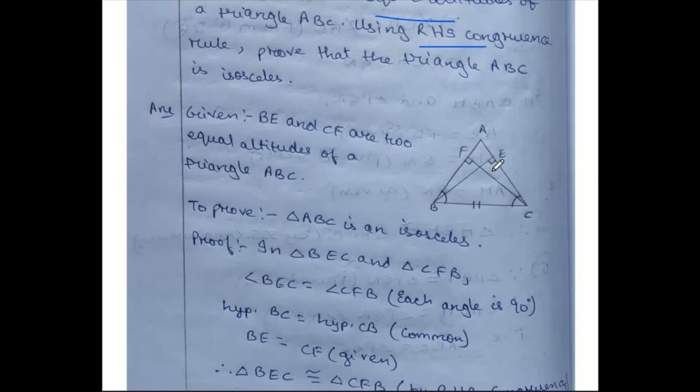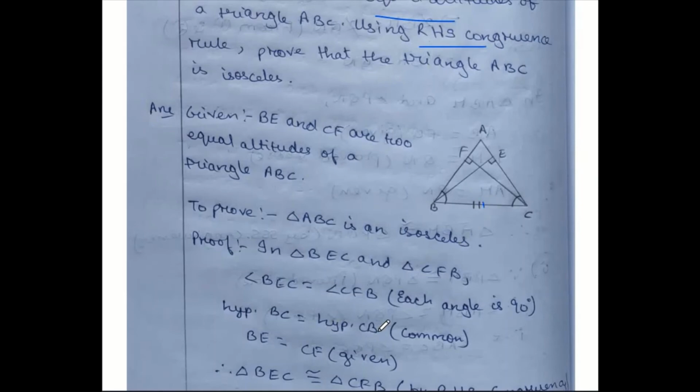So let us select this triangle BEC and triangle CFB. BEC and CFB. Here this angle and there this angle both are 90 degree. So angle BEC and angle CFB, each angle is 90 degree. 90 opposite is hypotenuse. For both the triangles, this line is hypotenuse.